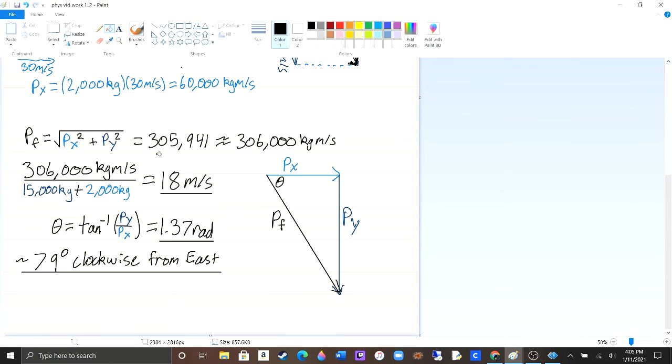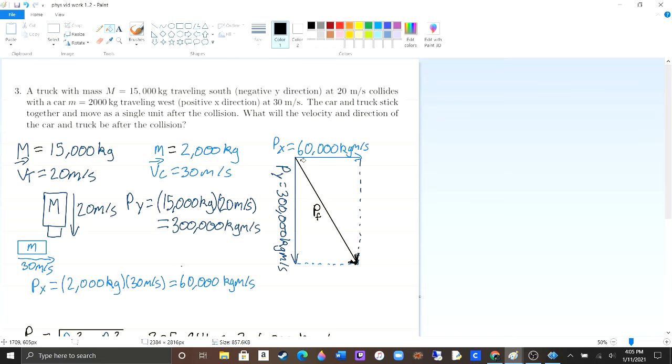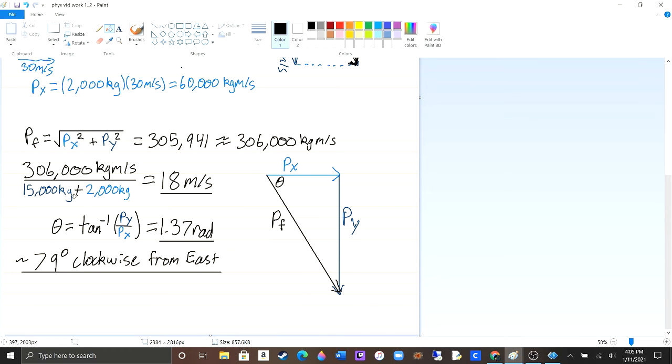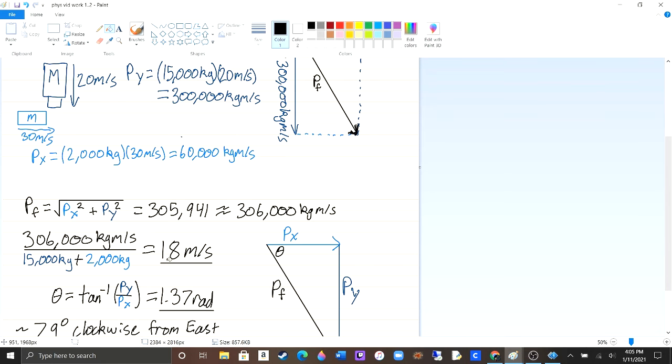So we found the magnitude of this vector, right? We divide it by the mass to get our velocity. That comes out to 18 meters per second, which is how fast they're moving after they collide.